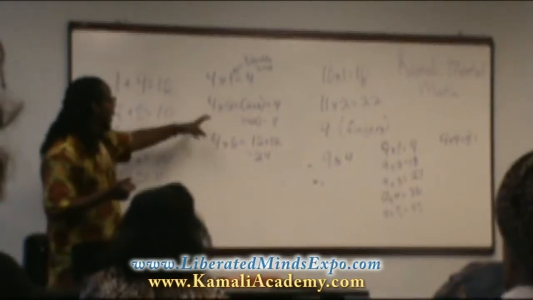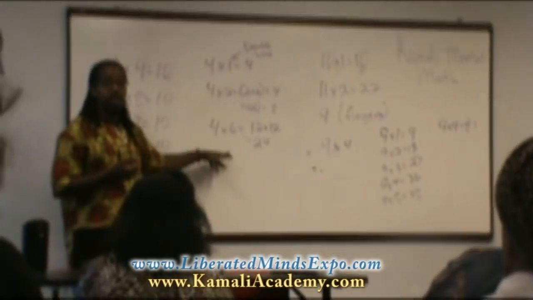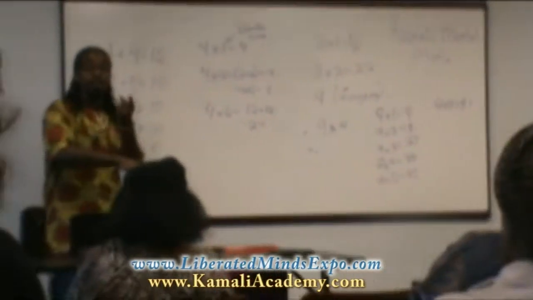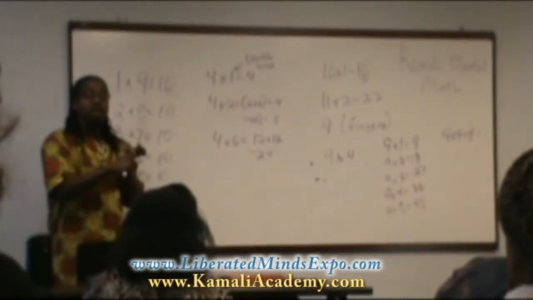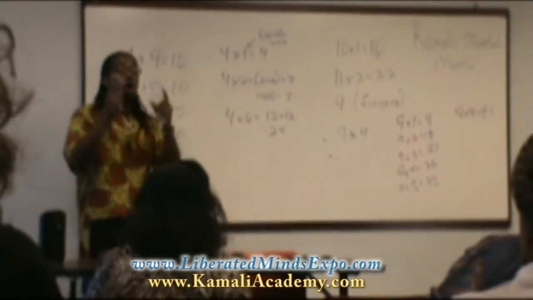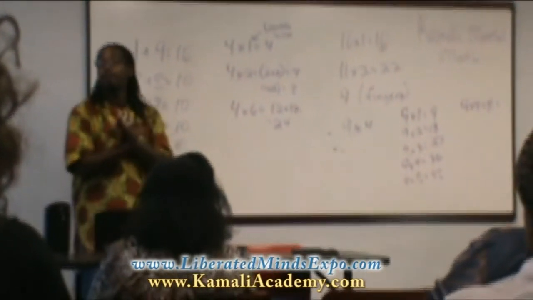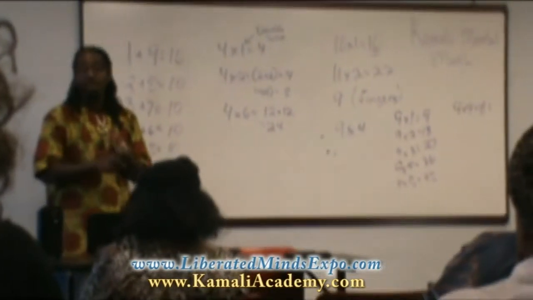Because if you take the 6, you've got 6 times 4. You already know what 6 times 4 is. Right? You already know what 6 times 2 is. You already know 6 times 4, 6 times 5, 6 times 9, 6 times 10, 6 times 11. So all you have to memorize now is 6 times 3, 6 times 7, 6 times 8.